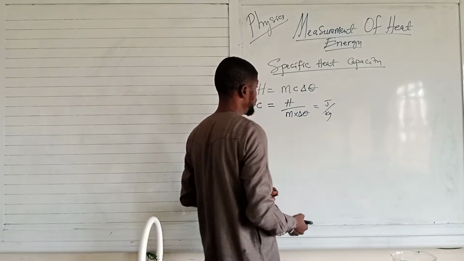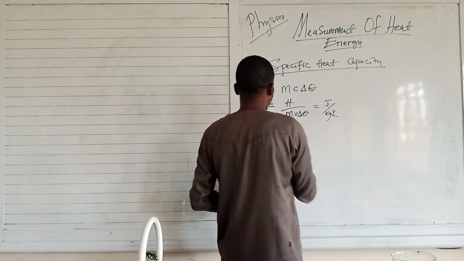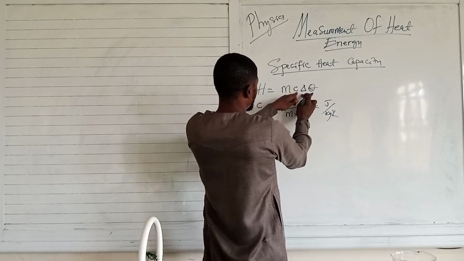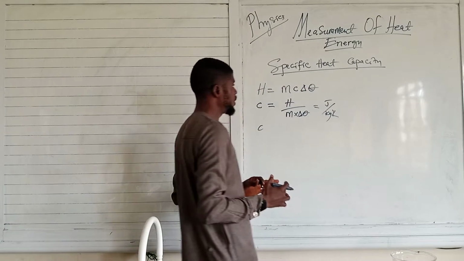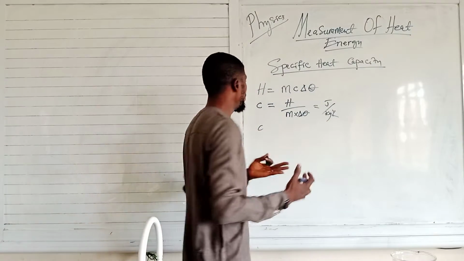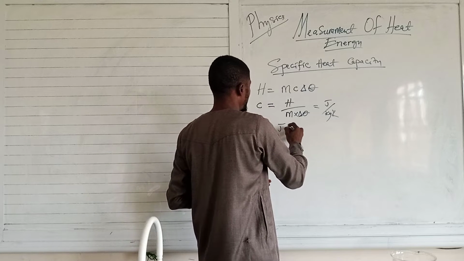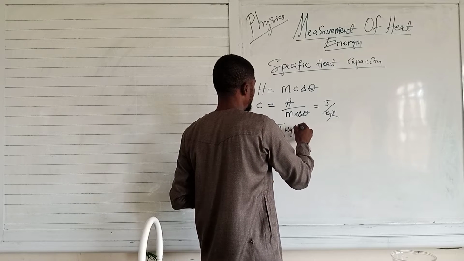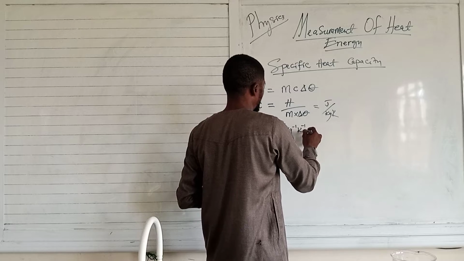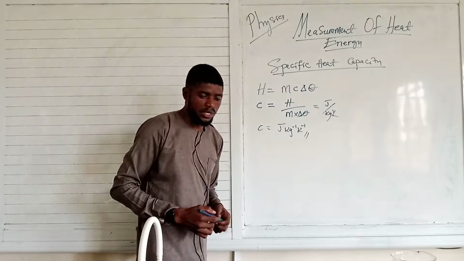For the sake of this video, we want to make use of Kelvin. So c in this equation is known as the specific heat capacity of the substance. And the unit for this is joule per kilogram per Kelvin.